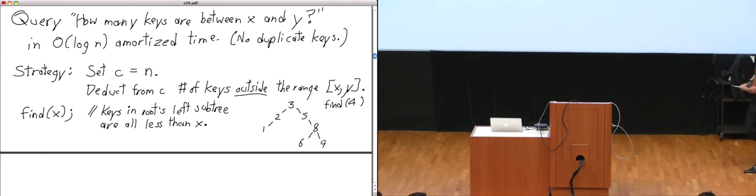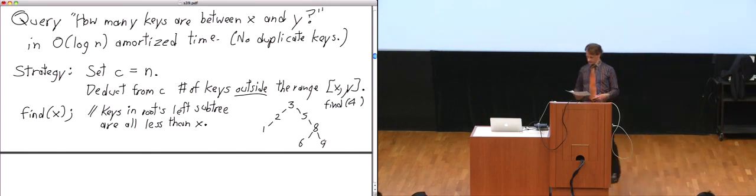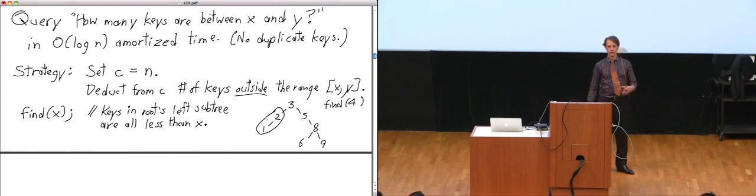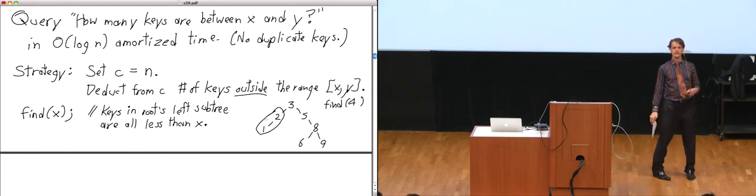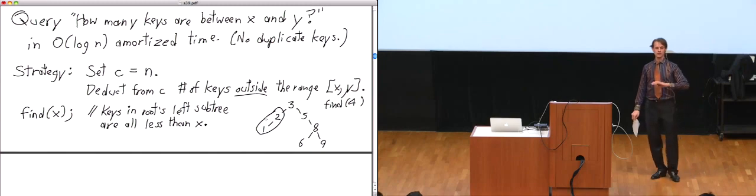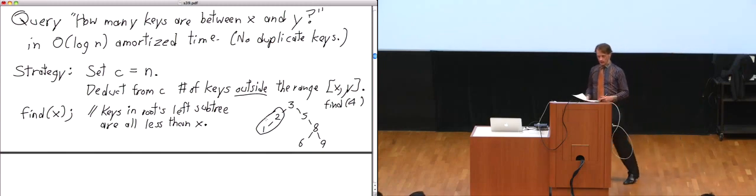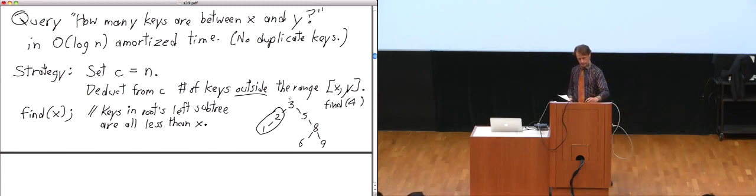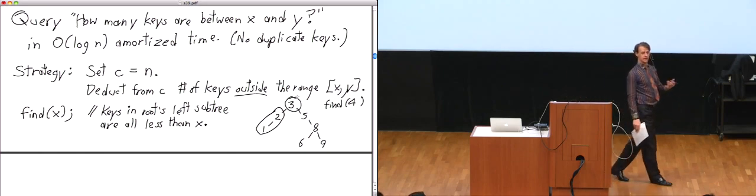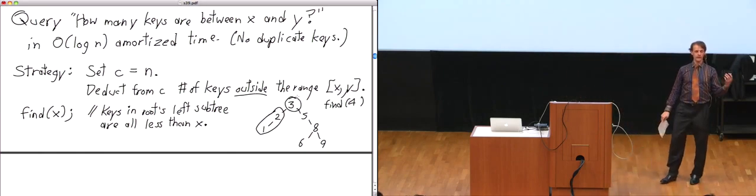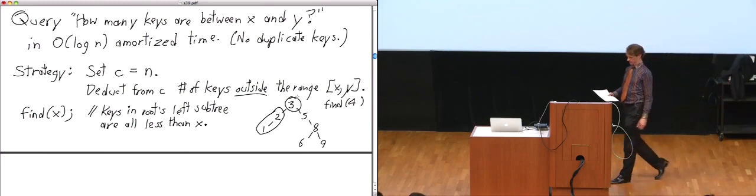So then what I can do is count how many keys are in that left subtree. I know that those keys are all less than x, so I just subtract those out. I also look at the root key and check whether the root key is less than x. It might be less than x, it might be bigger than x, I don't know. But if it's less than x, we subtract 1.